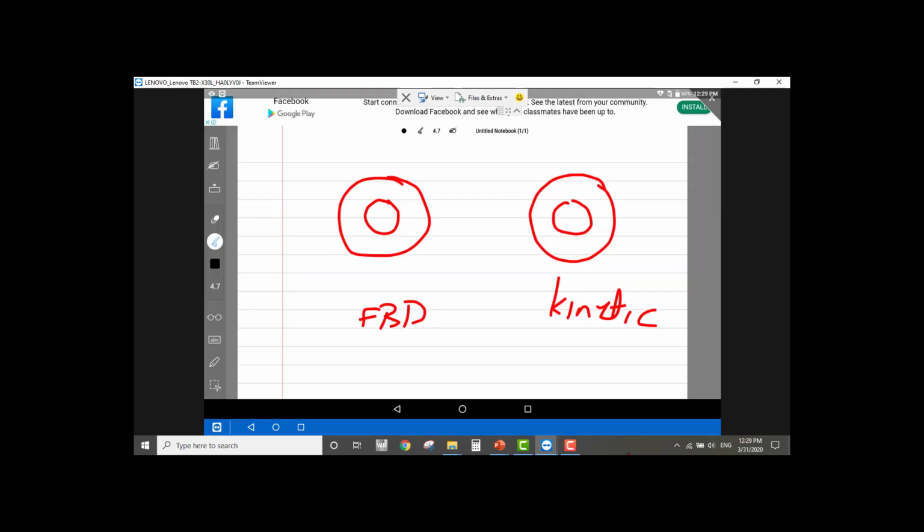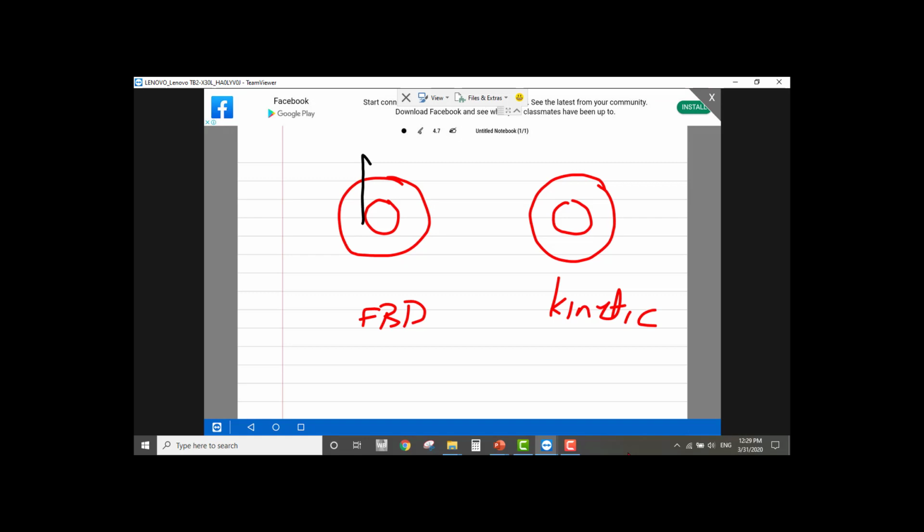Then here we have a load of 100 Newton, given from the statement of the problem.